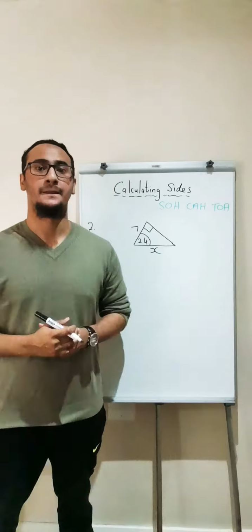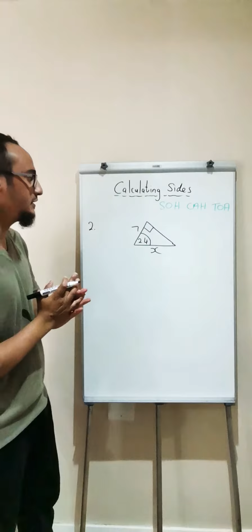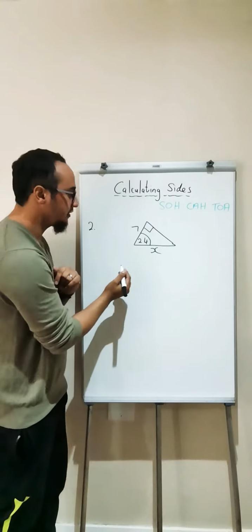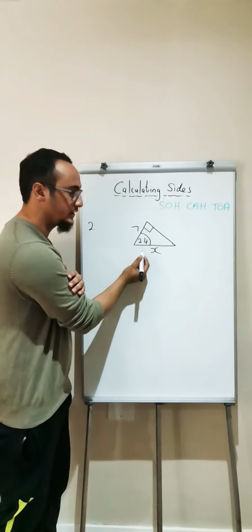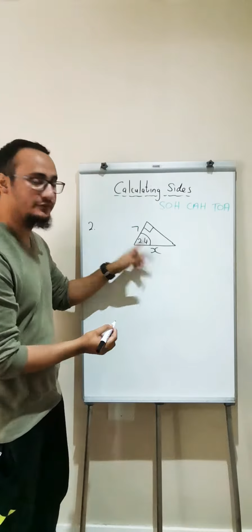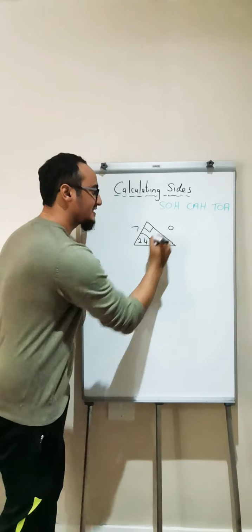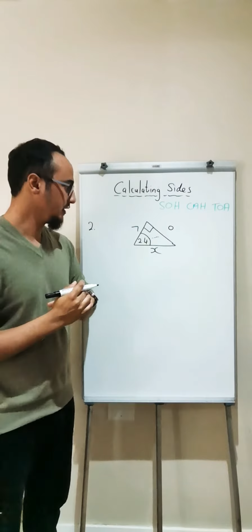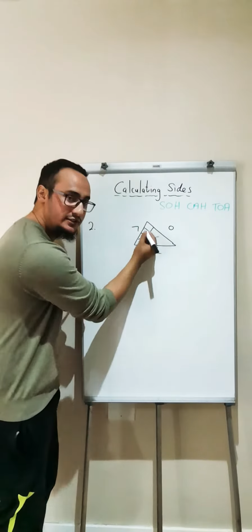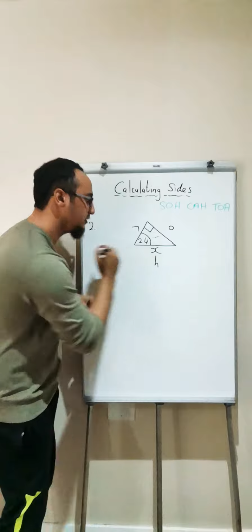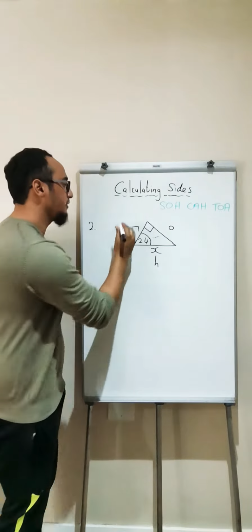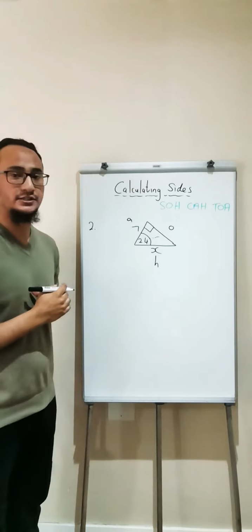Okay, in this example I have the right angle triangle, 24 degrees, 7, and I have x over here. So firstly, opposite is a side that I don't need, right? Opposite your 90 degrees will be your hypotenuse, and the last one will obviously be your A, which is your adjacent.